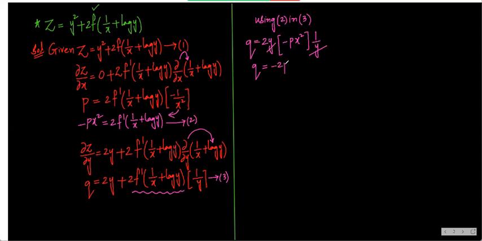Oh, sorry, we forgot to write 2y also. In equation number 3, one more 2y is there, so q is equal to 2y plus minus px square into 1 by y. To simplify further, multiply y on both sides.